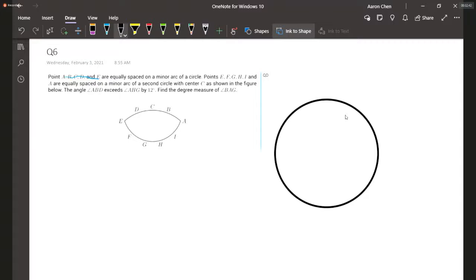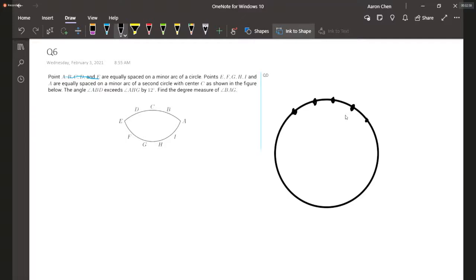And so this is points A, B, C, D, and E.